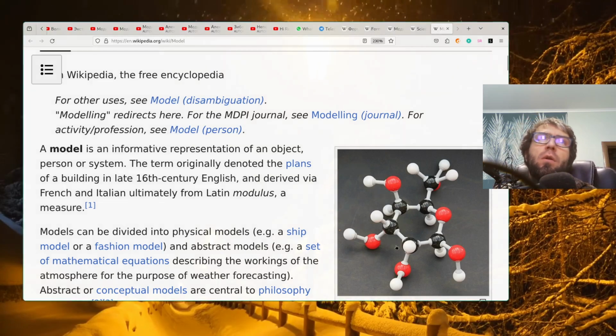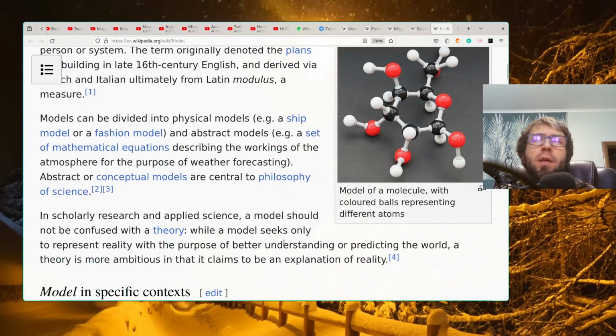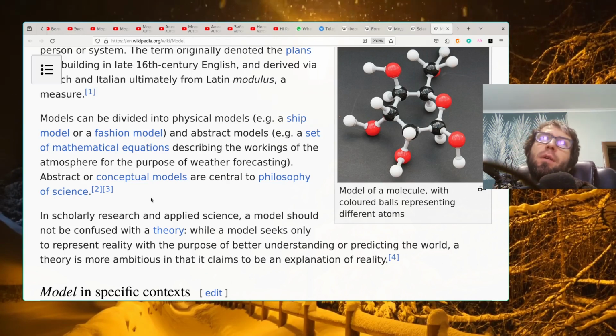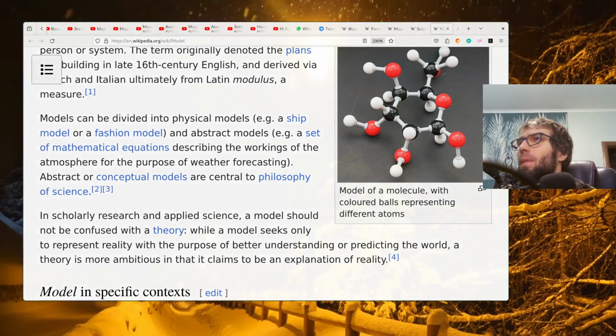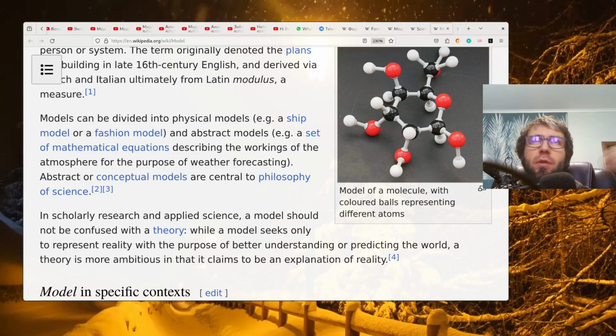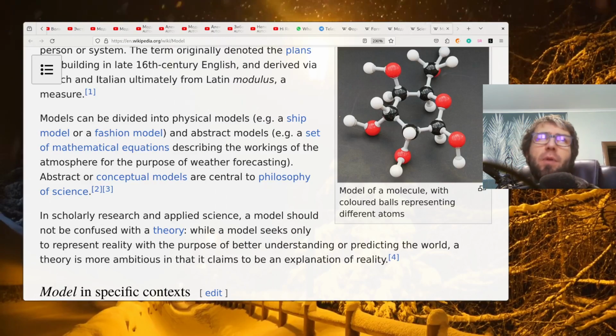And on the other hand, there exist abstract or conceptual models. And of course, this relates to science and philosophy. For example, if we take some mathematical structure, this will be some abstract or conceptual model.